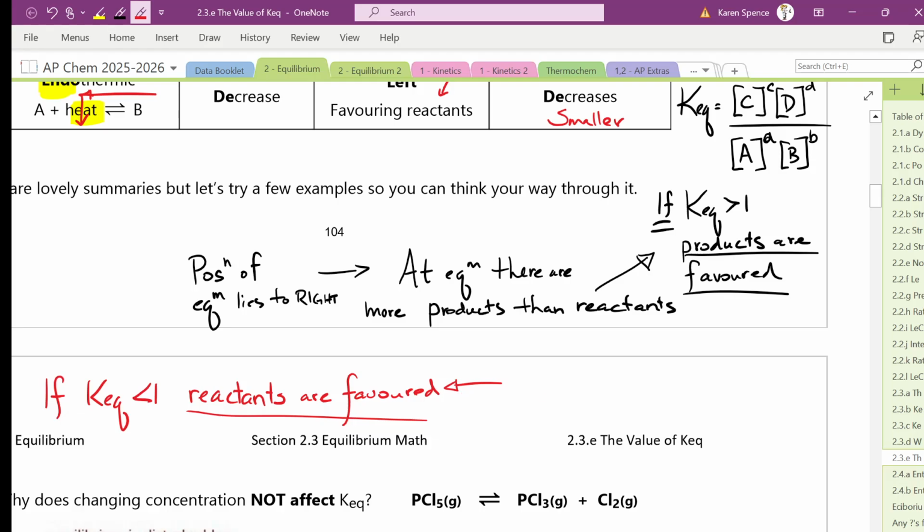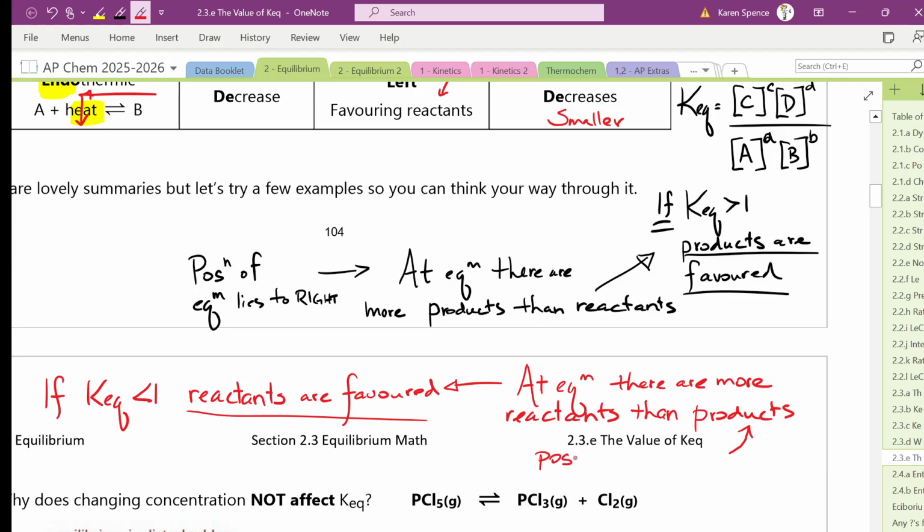Yes, at equilibrium, there are more reactants than products. In other words, the position of the equilibrium lies to the left.